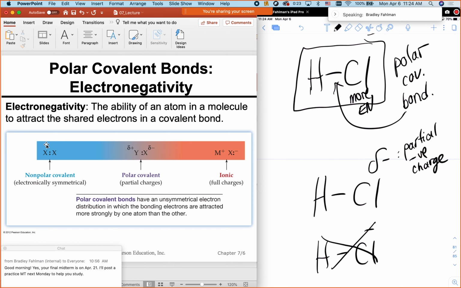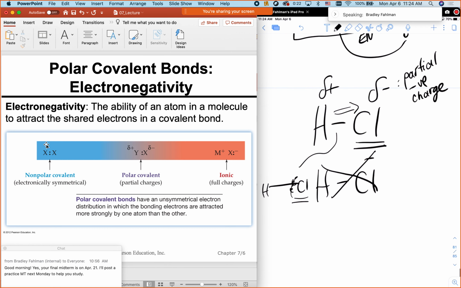What you're saying is that since chlorine is more electronegative, the electrons will lie closer to chlorine. If we take a snapshot of that bond, the electrons would be like here, closer to the more electronegative atom. So we say that this end would be a delta negative, whereas this end would be a delta positive, because the electrons are moving in that direction. Electrons are negatively charged.